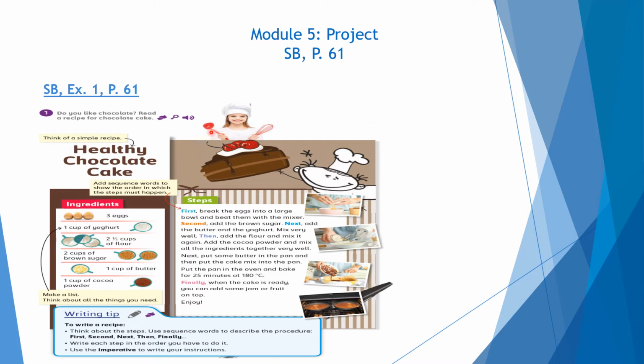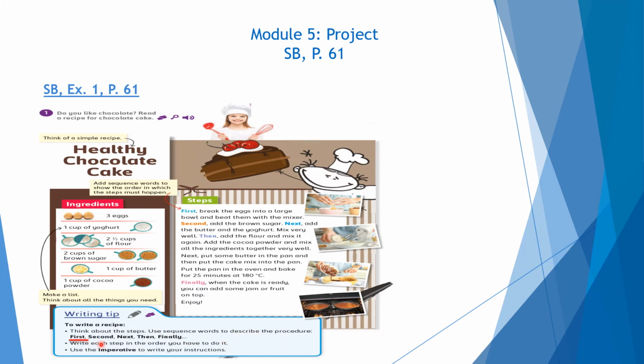Look at this recipe. If you want to write a recipe, think of a simple recipe, make a list, think about all the things you need, add sequence words to show the order in which the steps must happen. Look at the writing tip. To write a recipe, think about the steps. Use sequence words to describe the procedure.